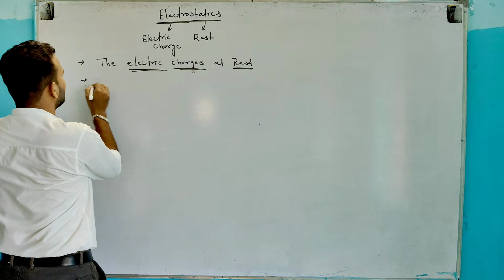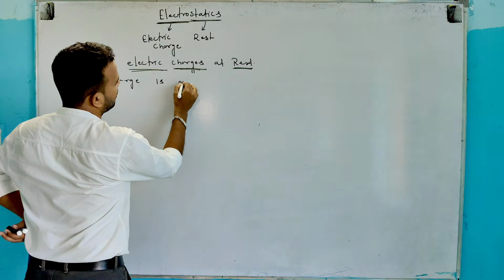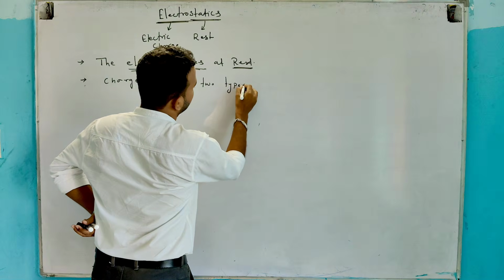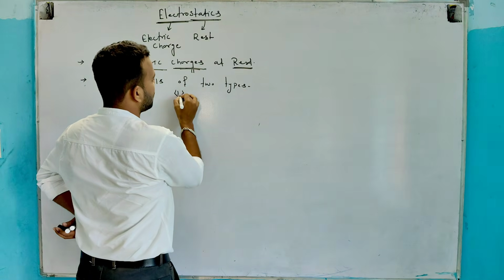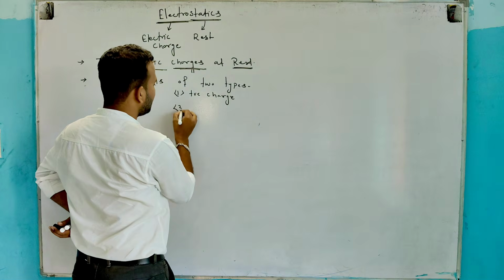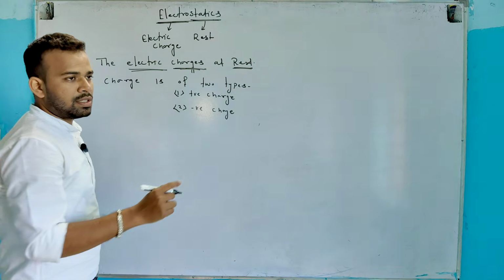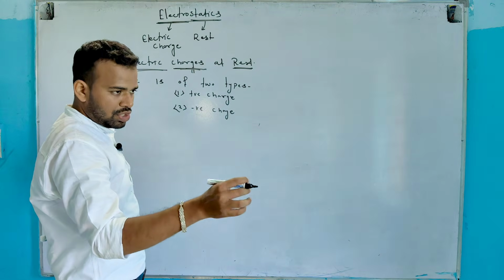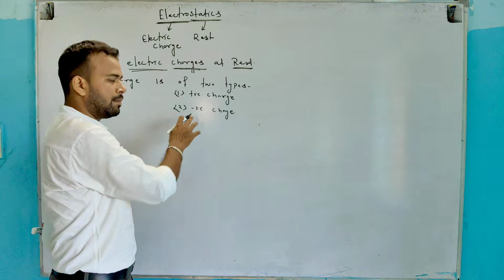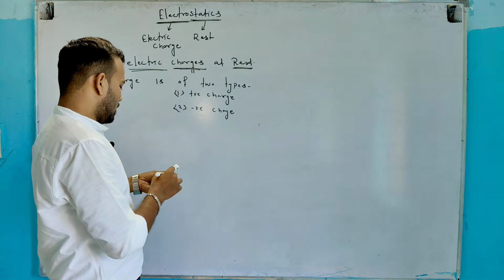Charge is of two types. First is positive charge, second is negative charge. Positive charge means the charge of a proton is positive, which is present inside the nucleus, and the charge of an electron is negative, which revolves around the nucleus in its specific path.